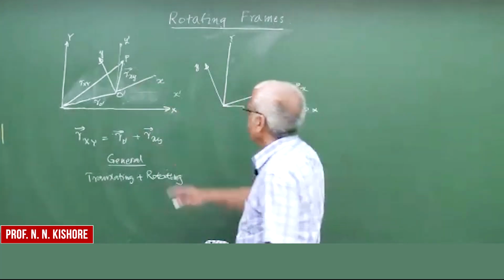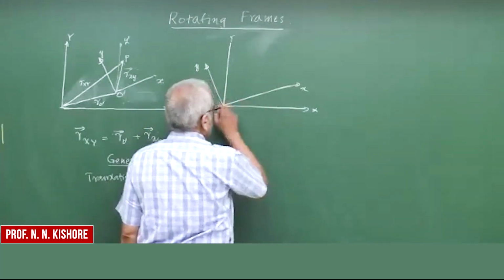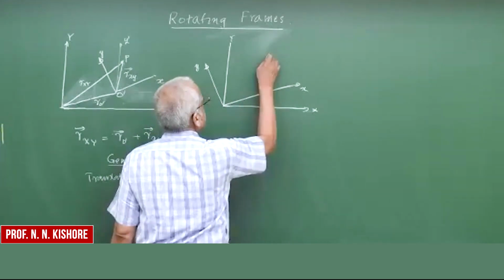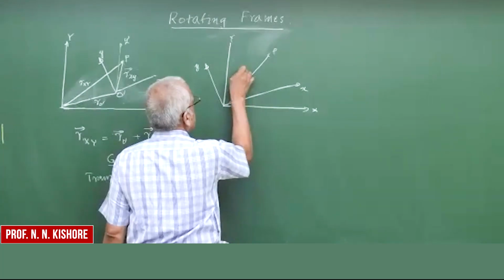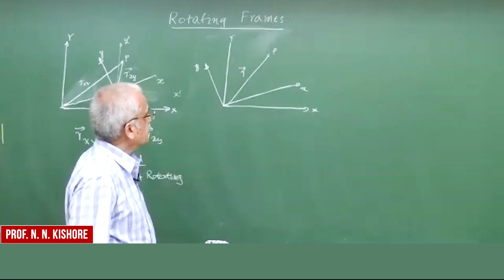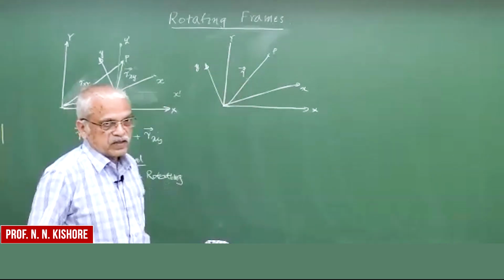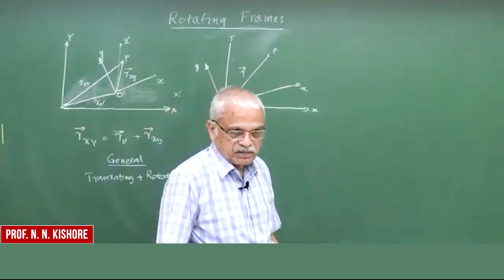In addition to that, this xy is also rotating, in which case we said that we have P here. So this position vector is observed in big XY or small xy. As such, they are the same.